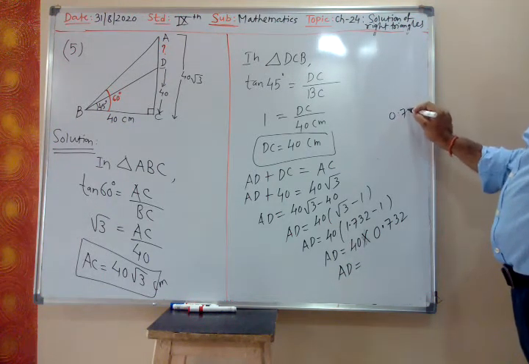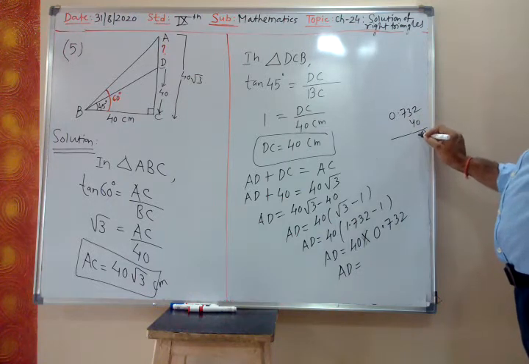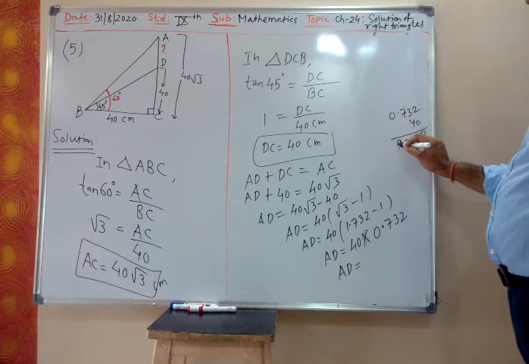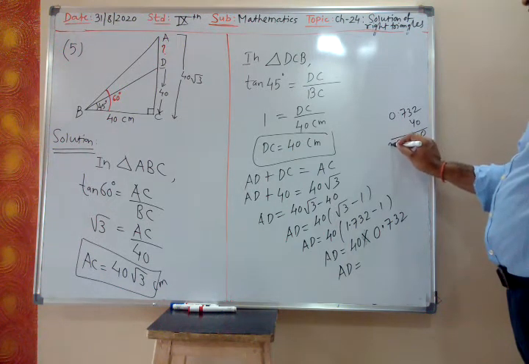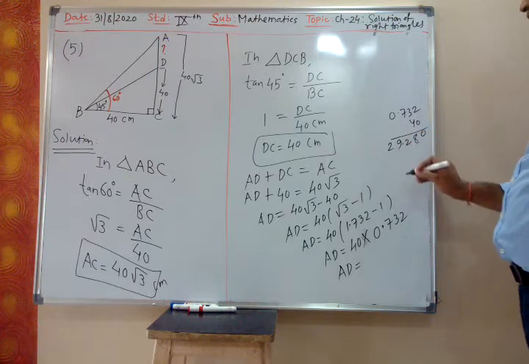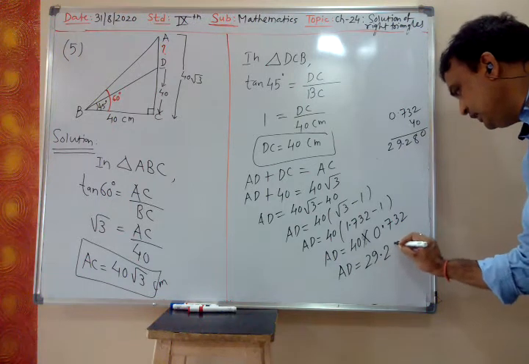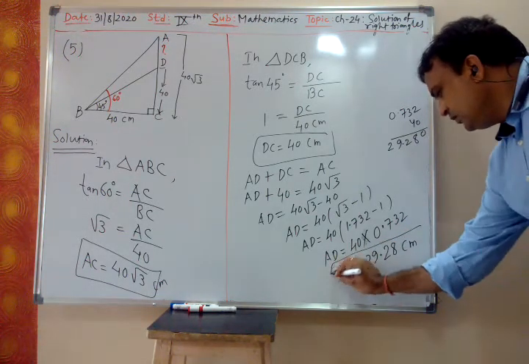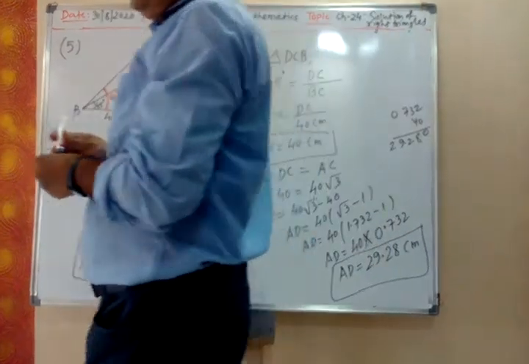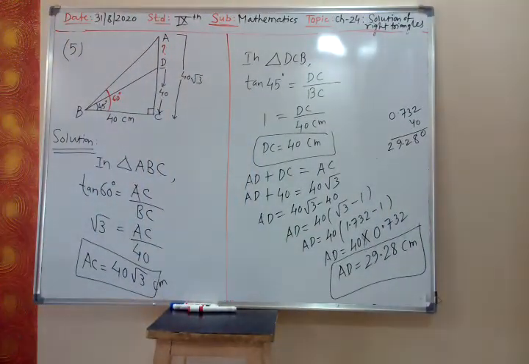So 0.732 into 40, that will be 29.28. Yes, 29.28 centimeter. What answer are you getting? Just check the answer guide. 29.28 centimeter. Yeah, 29.28 or 29.3, both are correct.